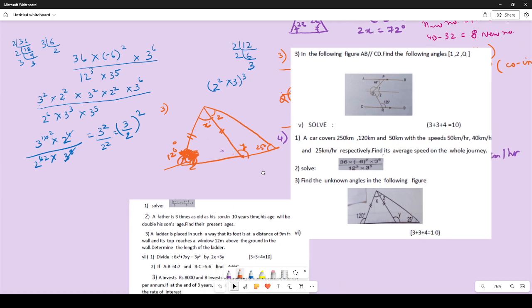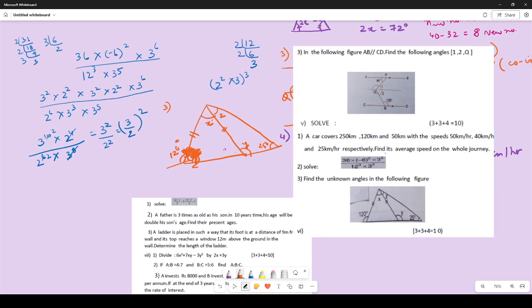See the scribble, it has happened over here, 60 degrees. This angle, thank you, my pen is back, will also be 60 degrees because they are the base angles of an isosceles triangle. So that means angle X will also be 60 degrees, right?